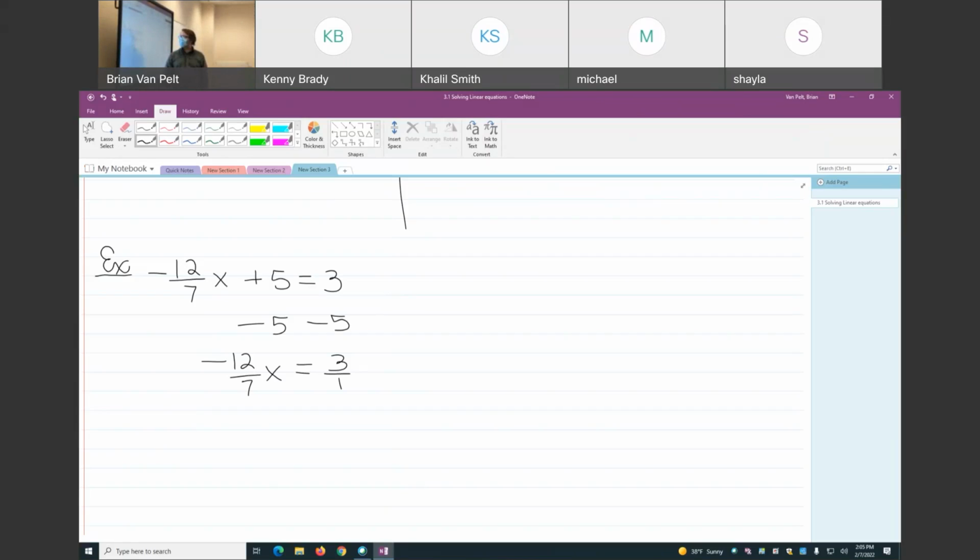See, 3 minus 5 is negative 2, not 2. This is going to get worse as I go. All right, let's try that again.